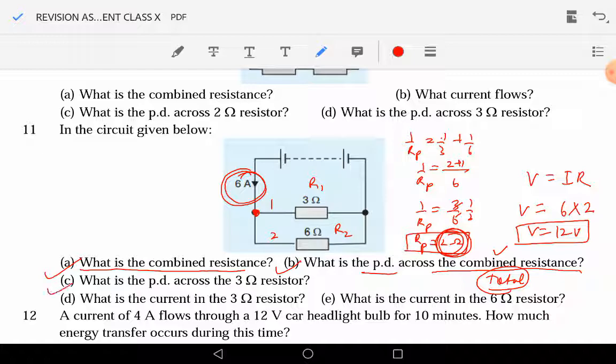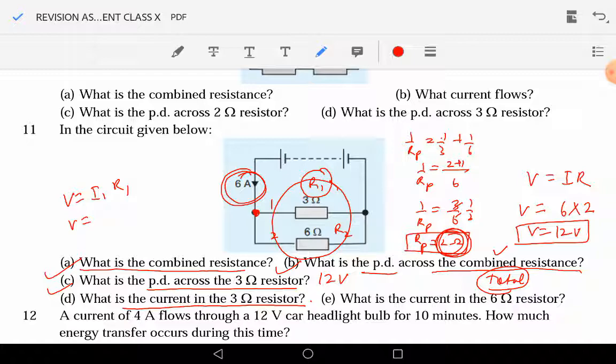Now what is the potential difference across 3 ohm? Since it is a parallel combination, the potential remains the same everywhere, so it will be 12 volt across 3 as well as across 6. Now what is the current in the 3 ohm resistor? Since it is parallel, current will be different. Now 3 ohm is R1, so V is equal to I1 R1.